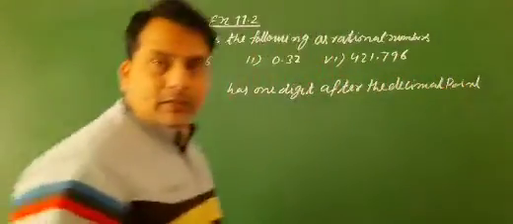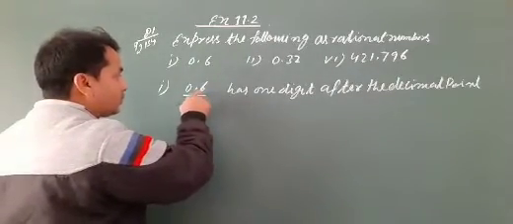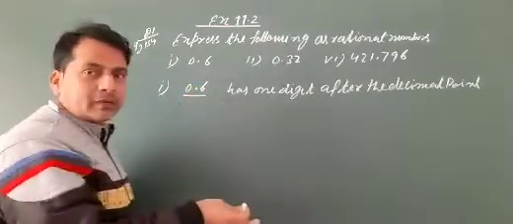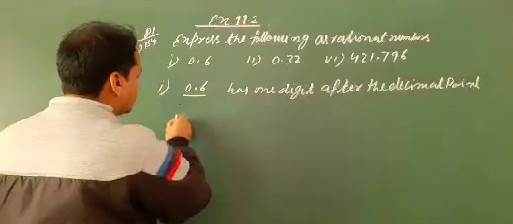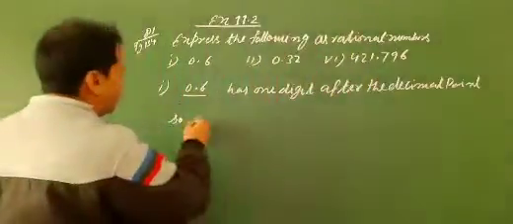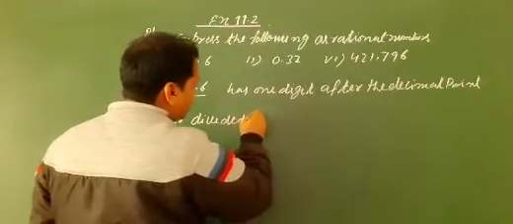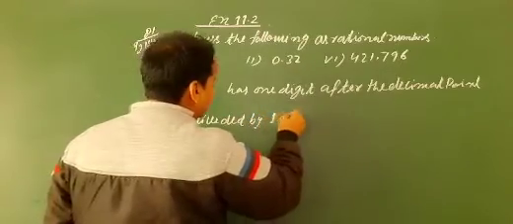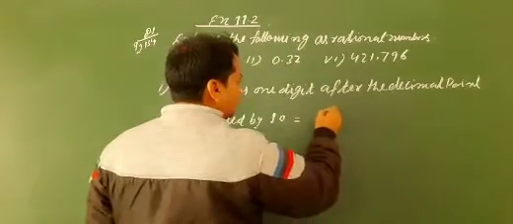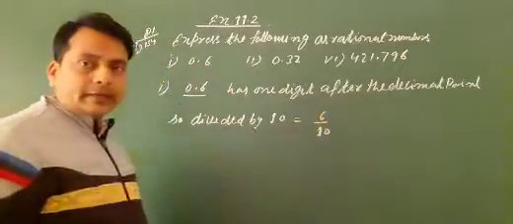So we divide by 10. Then 0.6 equals 6 by 10. So that is the rational number.